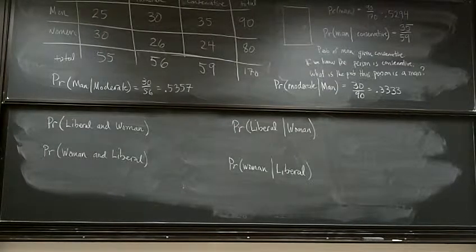I did the total. Okay, so that goes. Okay, and then I do the second. This is wrong. Wait. Oh, you're right. I got you. I know what you're wrong. The total number of liberals is 55.